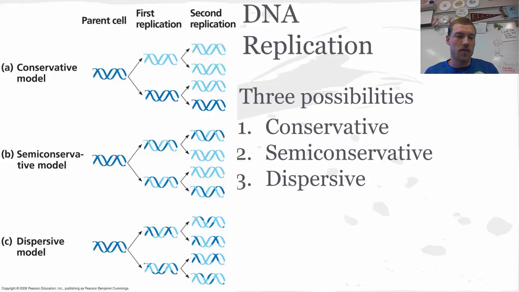In the semi-conservative model, we end up with half of the DNA being made from one of the strands, the other half being made from the other strand, and then it continues forward from there. We also have the dispersive model, in which parts of the DNA are always mixed around, so pieces of it are going to be on both strands of the new DNA.